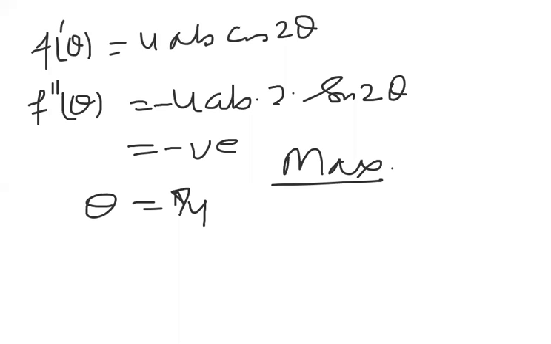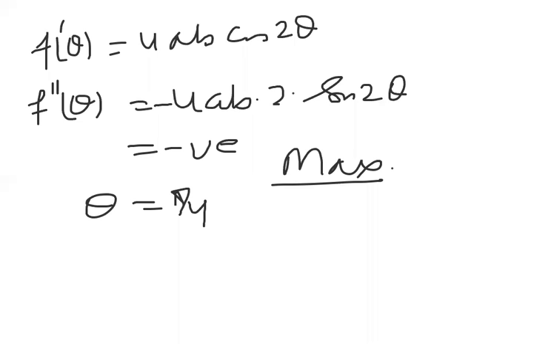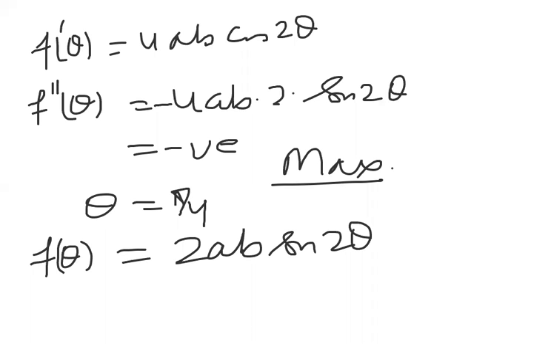Now, what will be the maximum area? For maximum area, we should know the area function, and the area function is 2ab sine 2 theta. F theta, where theta is pi by 4.